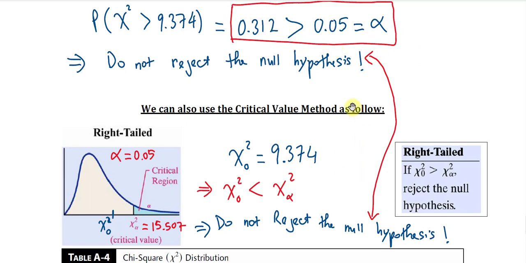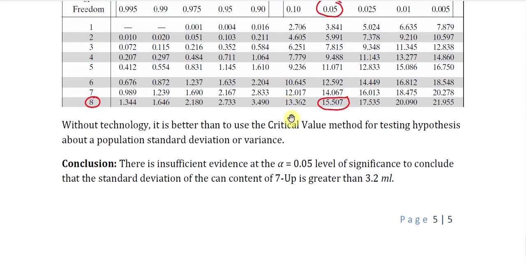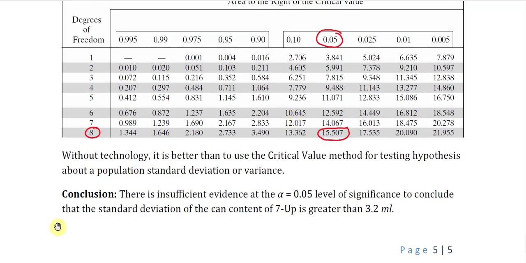The critical value and the p-value methods are similar in the sense that they always give you the same results either way. And you can see here, without technology, it is better to use the critical value method for testing a hypothesis about a population standard deviation or variance.